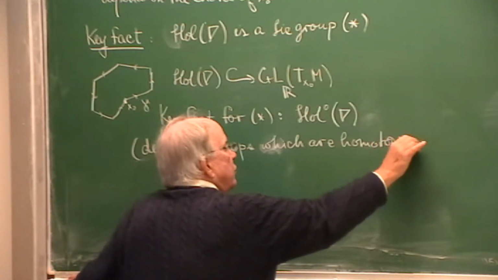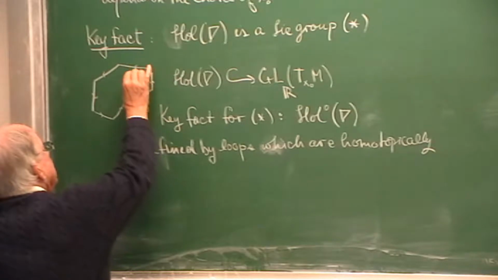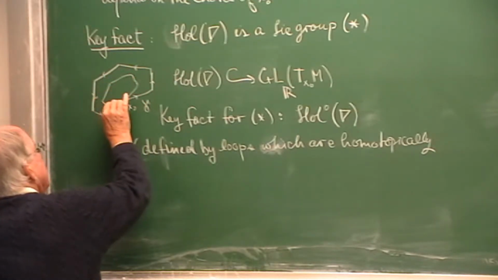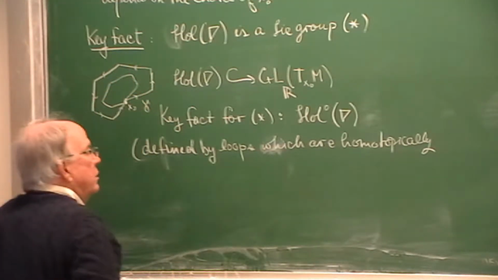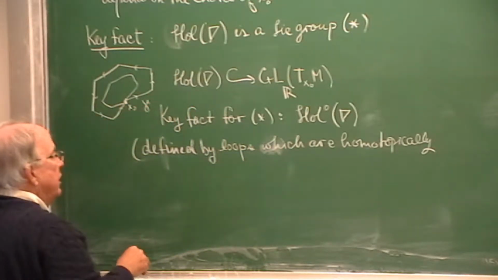So loops which you can retract to the point. This is the so-called restricted holonomy. It's the connected component at the identity of this thing.